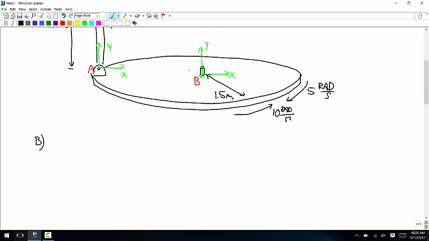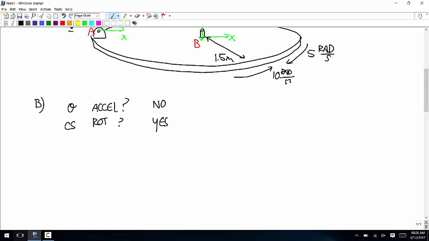So first we're going to use the coordinate system at B. So is the origin accelerating? No, so we don't have to use relative motion. Are the axes changing orientation? Yes, so we do have to use the equation for rotating coordinate system. We're trying to find acceleration, right?